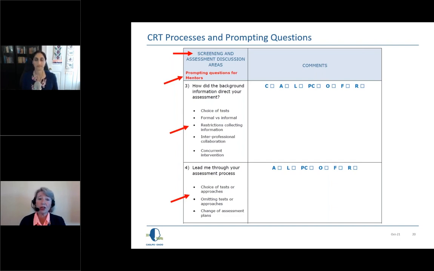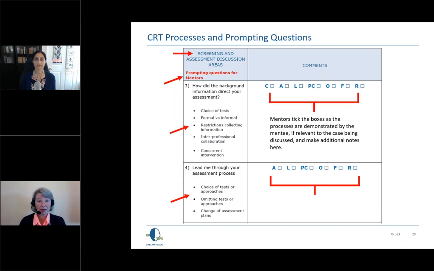Tell me why you chose the test you did. What other possible tests are there? Why did you mainly choose formal? Are there some informal approaches you could have used? Tell me a bit about the restrictions collecting information. What interprofessional collaboration has taken place so far? So these are prompting questions that you can use when you're using the clinical reasoning tool, or subsequently when you identify that there are clinical reasoning issues to discuss.